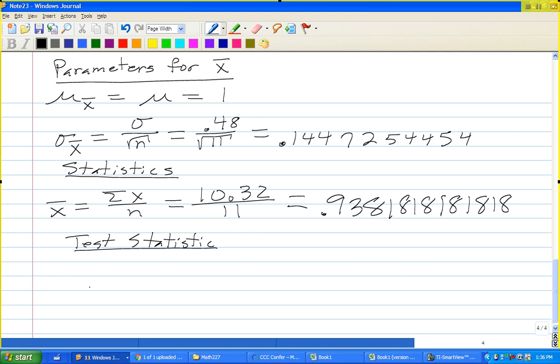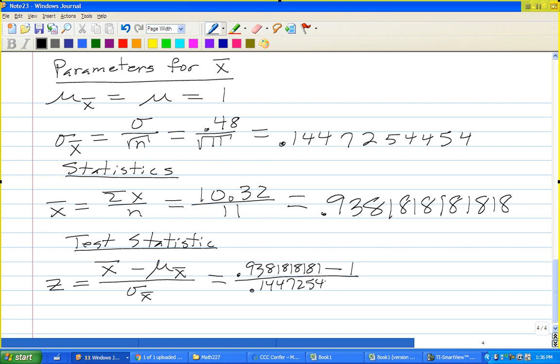To compute the test statistic, z equals x-bar minus mu over sigma over root n: 0.9381818181 minus mu, 1, over 0.144724454.